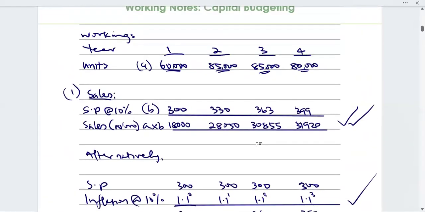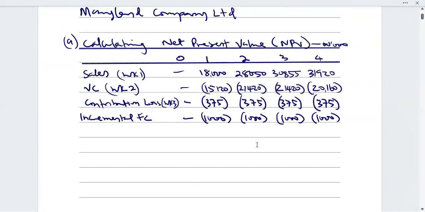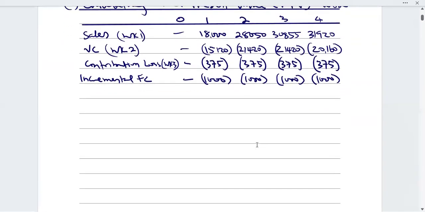Going back to the question, do we have scrap value? We don't have scrap value. We are not given anything like scrap value. Yes, we have a scrap value in the first paragraph. The machine can be sold at the end of year 4 for 1 million naira.